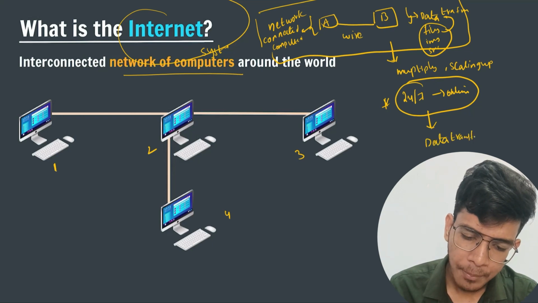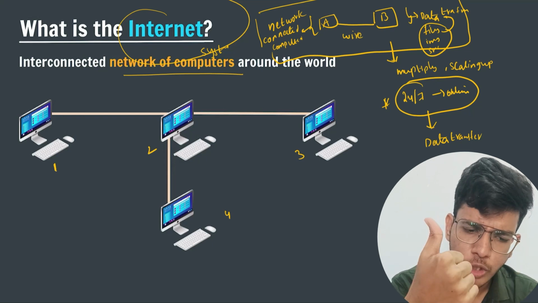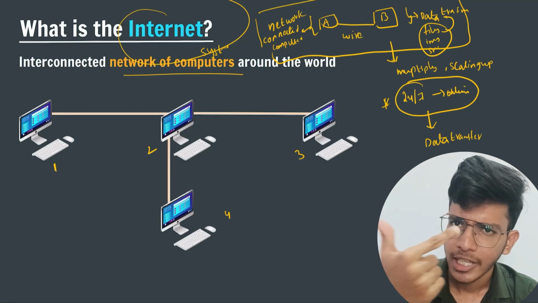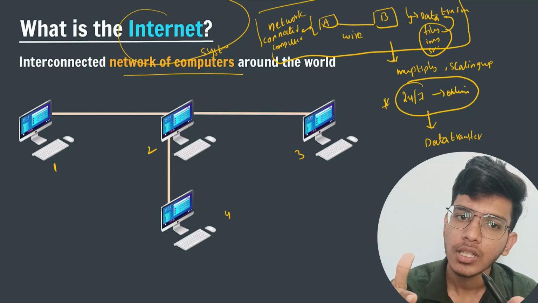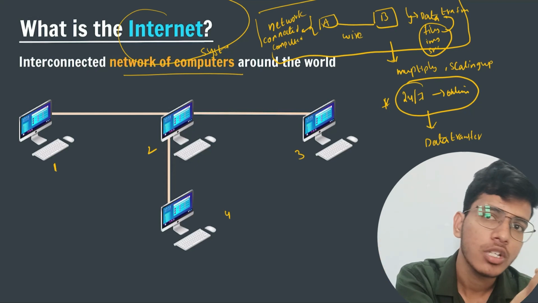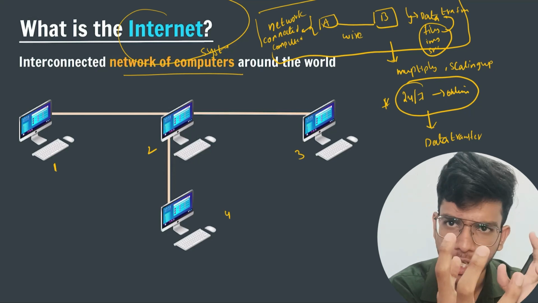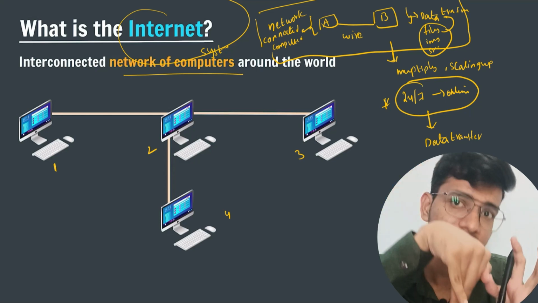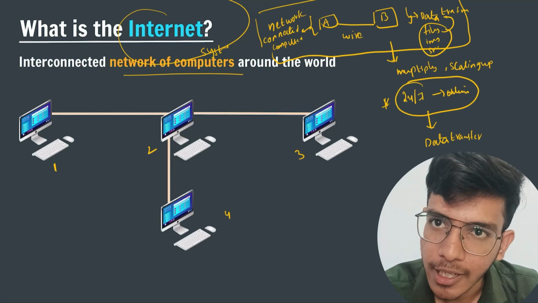I am making a computer whose work is that it should be available 24/7, it should be online, and whenever a request comes in, it should give some data in return. This computer is holding information, and whenever a request comes, it returns something.